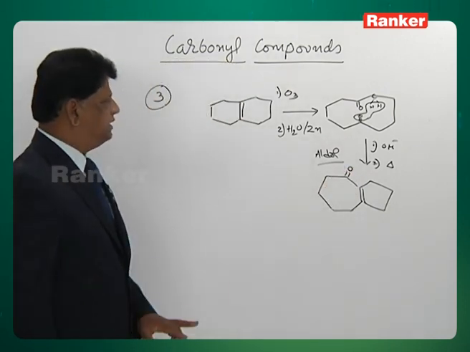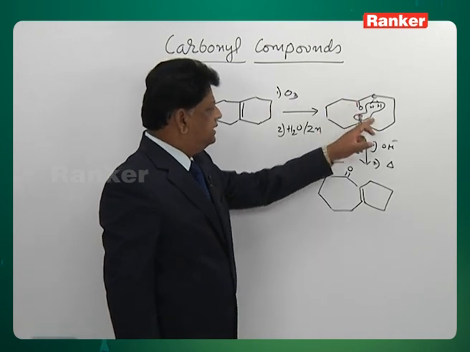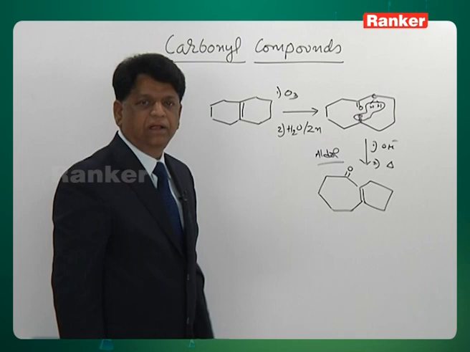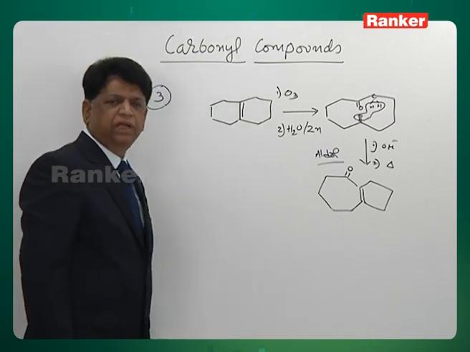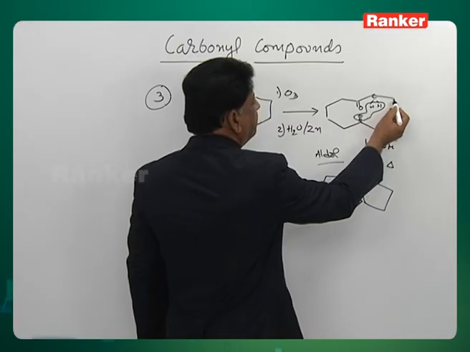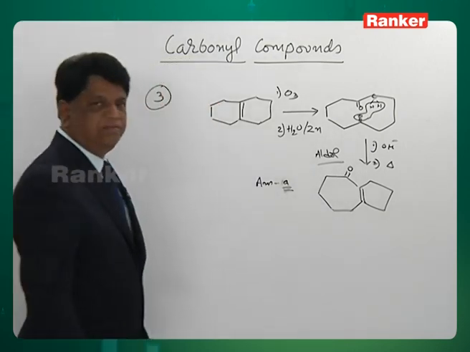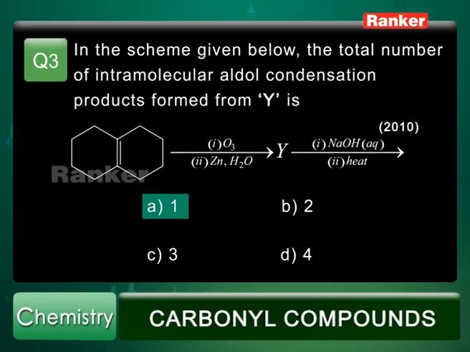Only one single answer, because this side or that side, all are identical. So only a single answer will come, that is answer A is the right answer. You may also discuss why this does not condense with this side. This is not an alpha hydrogen, isn't it? So getting other types of products will be minimal.